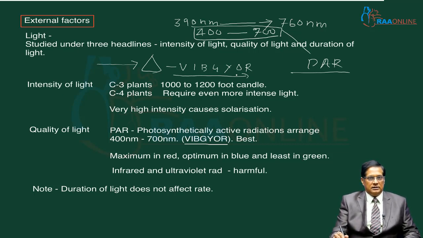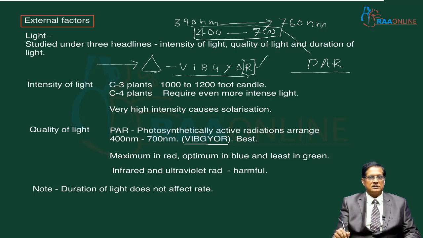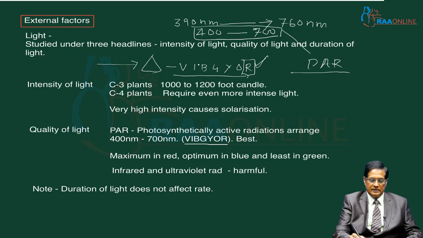If we consider monochromatic light, that is only one color, in that case, best light is red light. For photosynthesis, if single component is considered, then red light is best. Next is blue, that is optimum in blue, and the least in green.